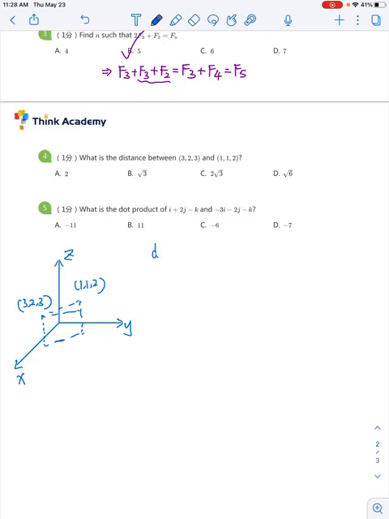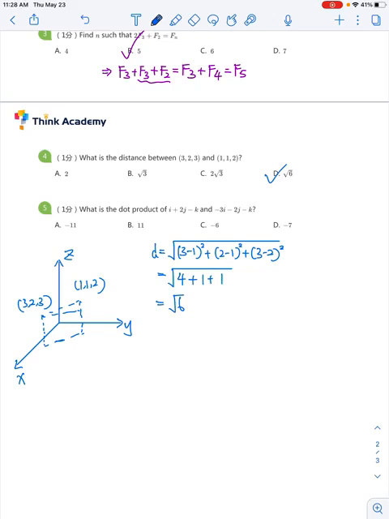The distance is going to be, and we are also going to take the square root in the end, 3 minus 1 to the second power, plus 2 minus 1 to the second power, plus 3 minus 2 to the second power. Then it's going to be the square root of 4 plus 1 plus another 1, which is the square root of 6. Okay, and that will be our answer choice D.